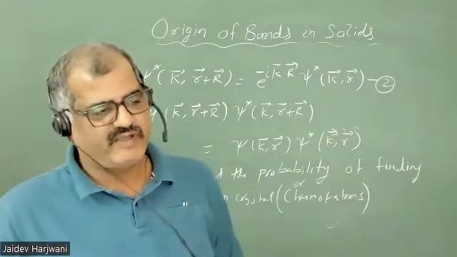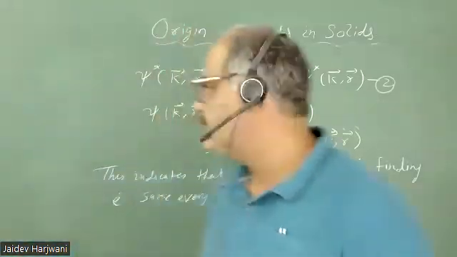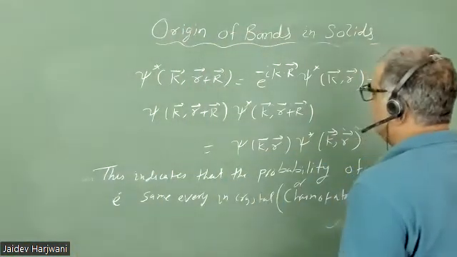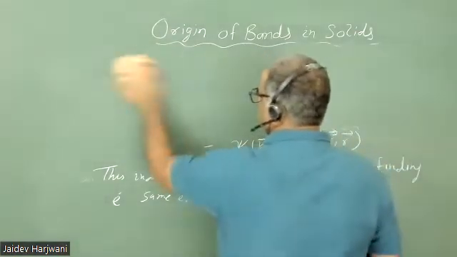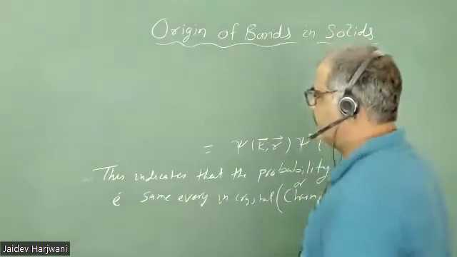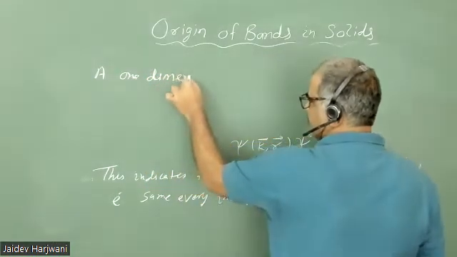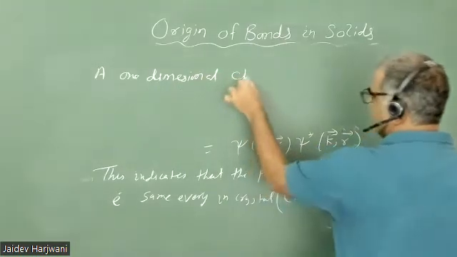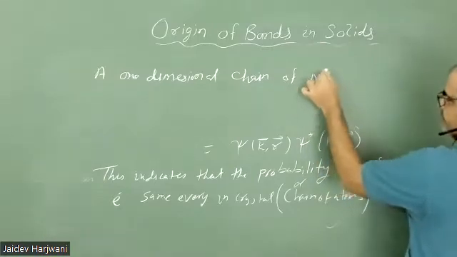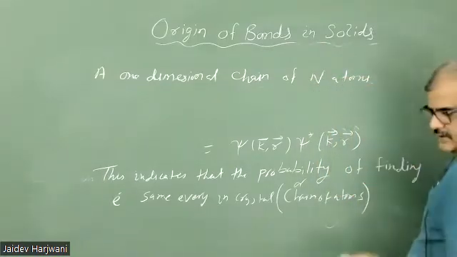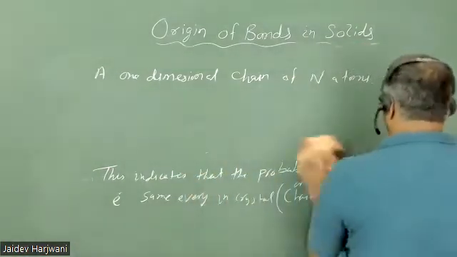If I assume a one-dimensional chain of N atoms, the number of atoms is N, and the periodicity of the lattice is d.